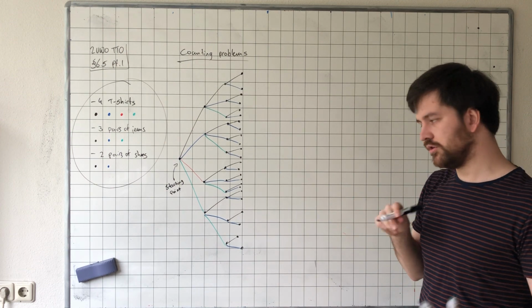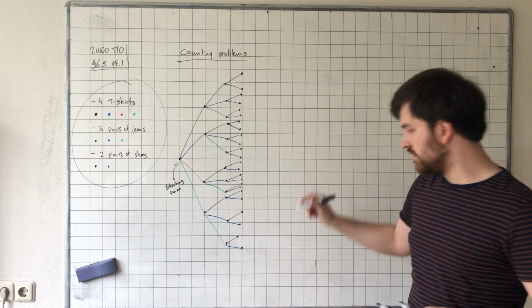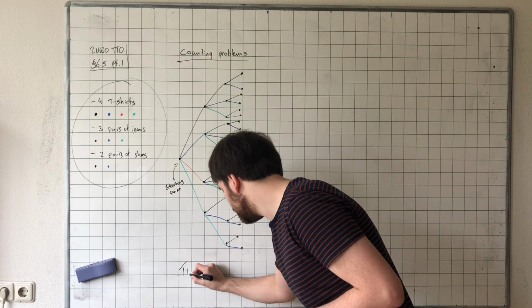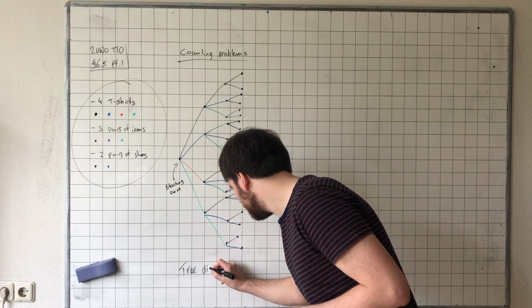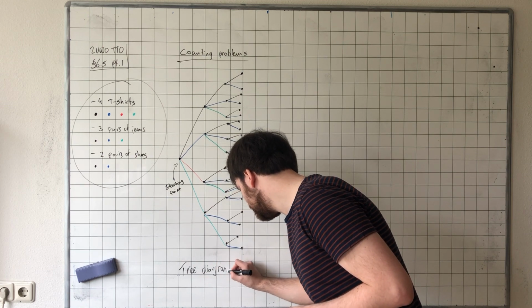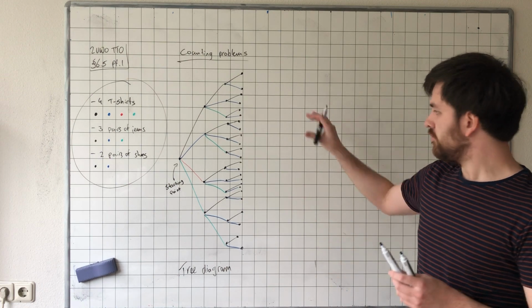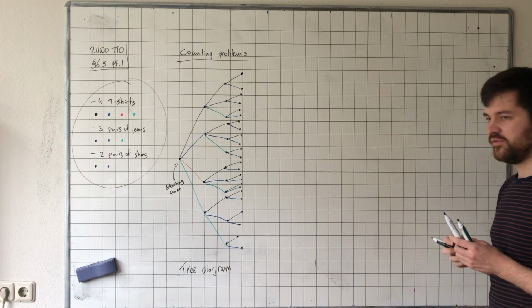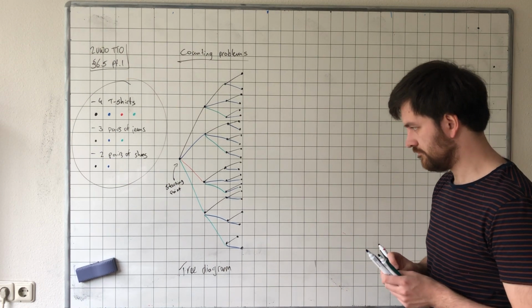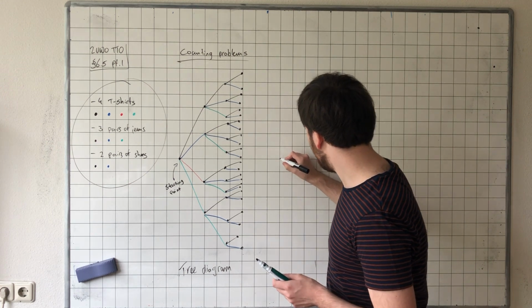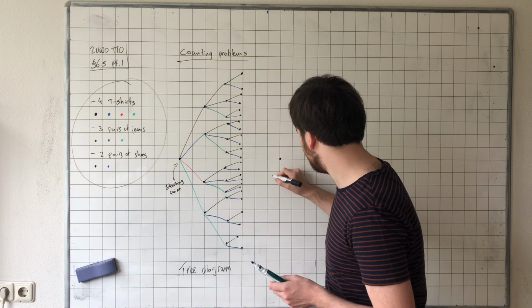Before we are going to answer that question, we're going to see that there is also a different way of doing it. This thing that we just drew is called a tree diagram. Now we're going to make the more efficient version of this. So we will have another starting point.